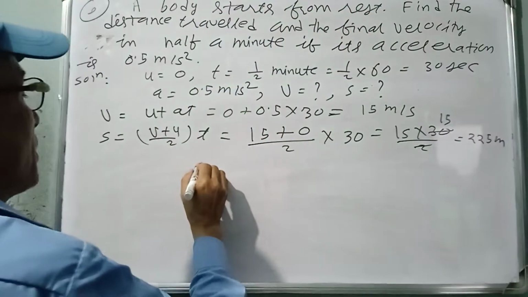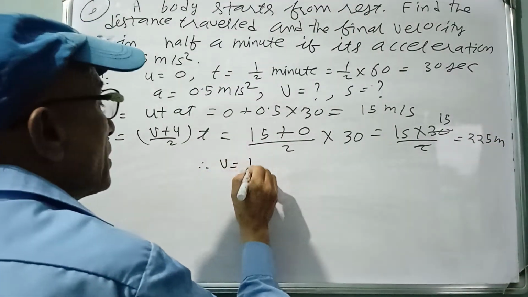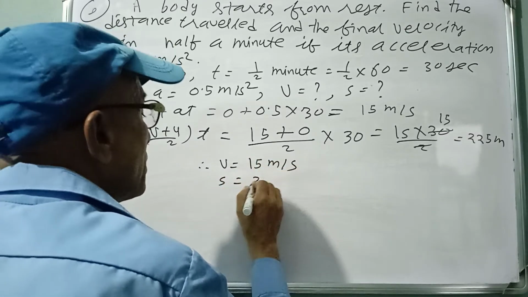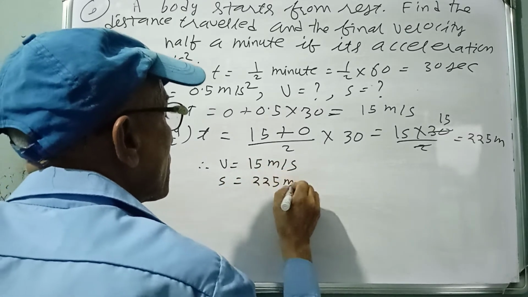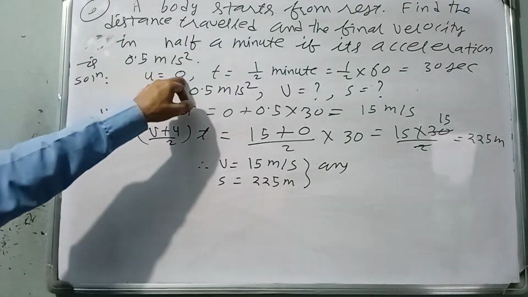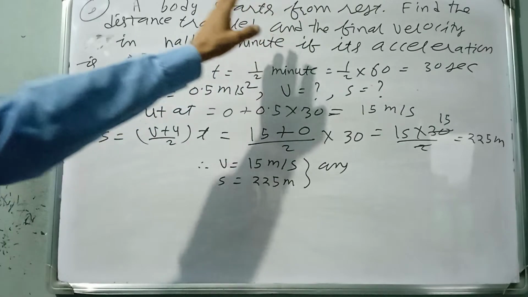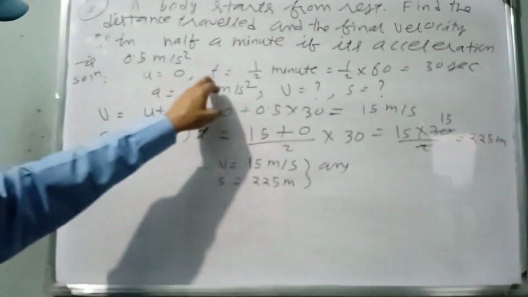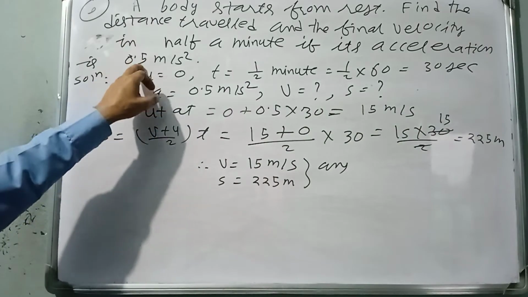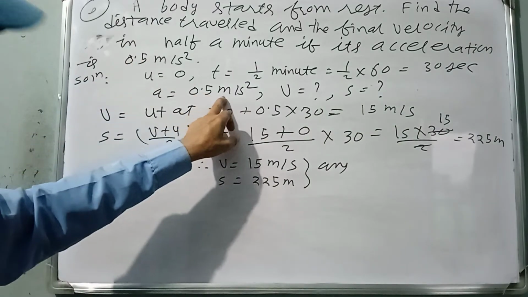And how to write down? Therefore, final velocity is 15 meter per second. Distance travel is 225 meter. This is the way to write down. Initial velocity is 0 because the body starts from rest. Time taken half minute, half into 60, 30 seconds. Acceleration 0.5 meter per second square.